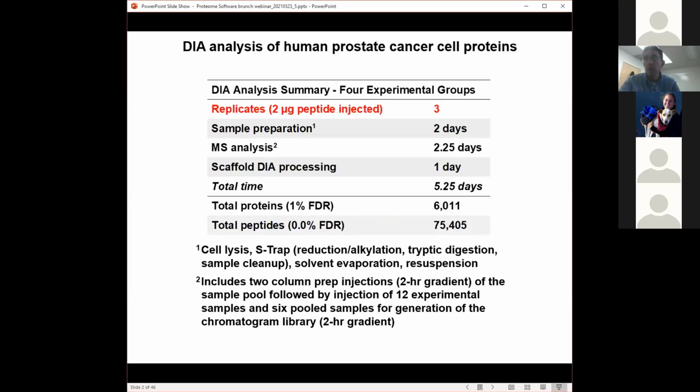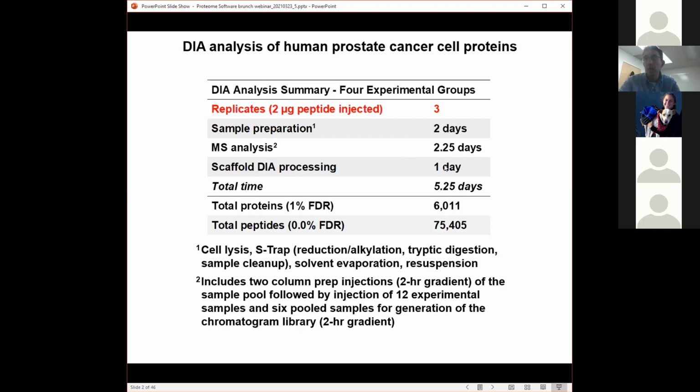I'm showing here our general process method. This experiment was done a few years ago, closer to the beginning when we optimized our scan settings. It was 4 experimental groups and 3 replicates, using S-traps for sample prep, MS analysis with 2-hour gradients, and the Scaffold DIA processing.